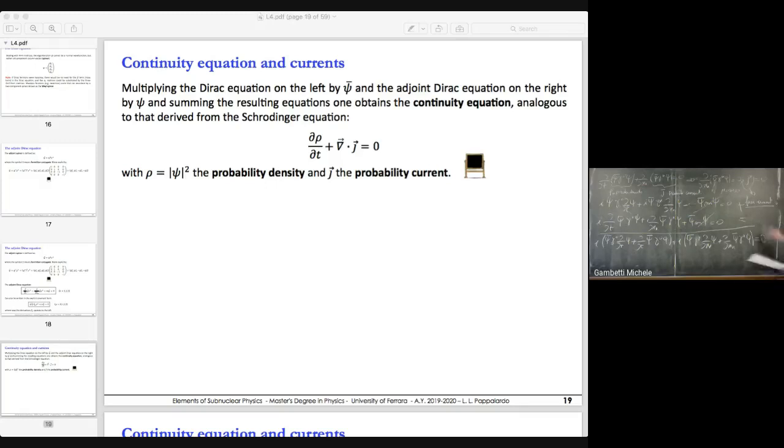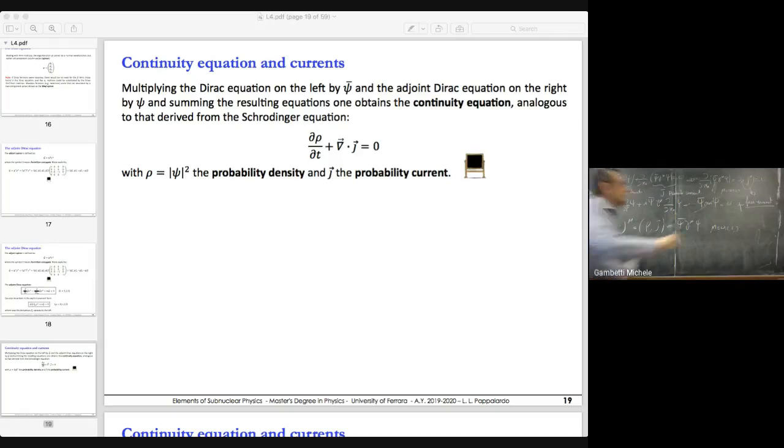We can also write it more explicitly in this way. The four-current j^mu we can write as a four-vector with the 0 component, which is the probability density, and then the probability current, which is this vector here, psi bar gamma^mu psi, with mu equal to 0, 1, 2, and 3.